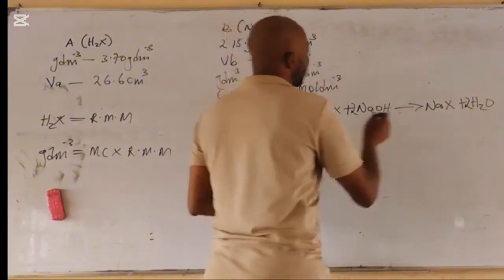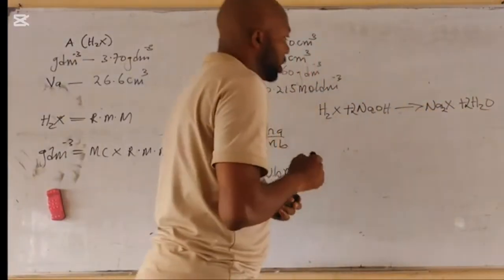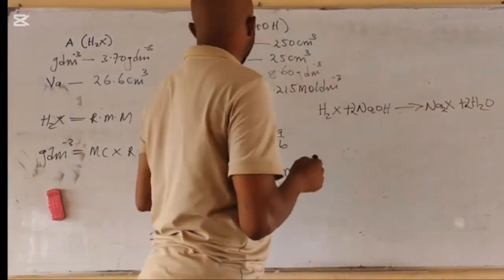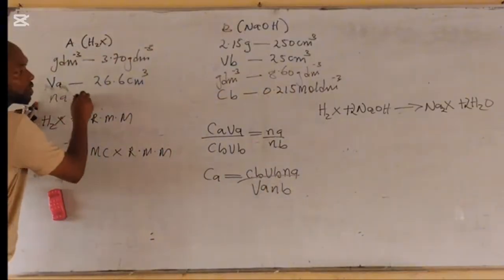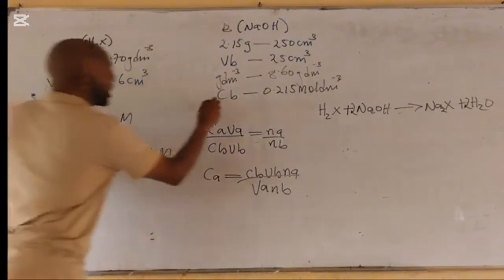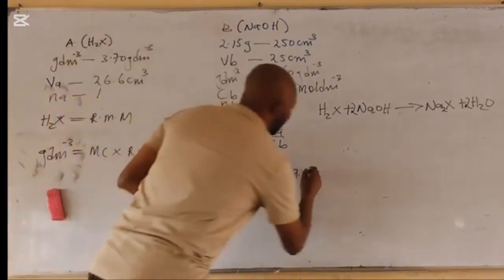Now sodium is now 2. I put 2 here, and now I have 2 sodium, 2. So from there, the equation is balanced. So the number of moles of acid, NA, will now become 1, and my NB will become 2. So the formula now, I can proceed.